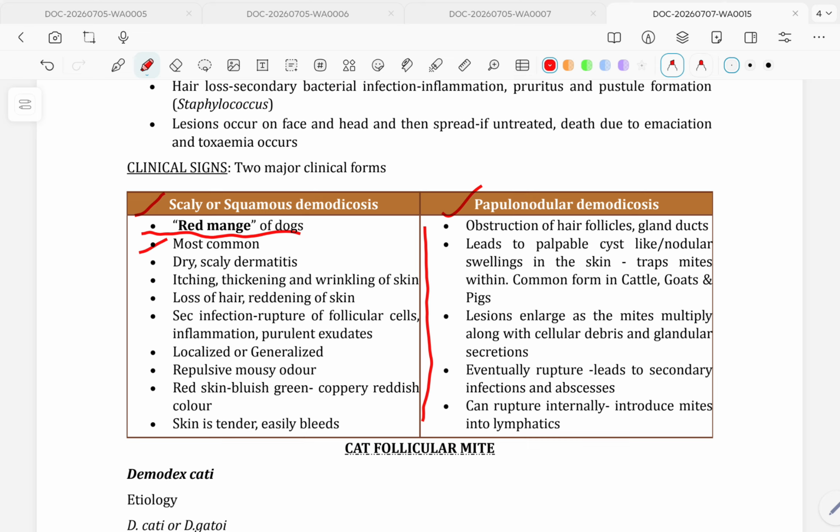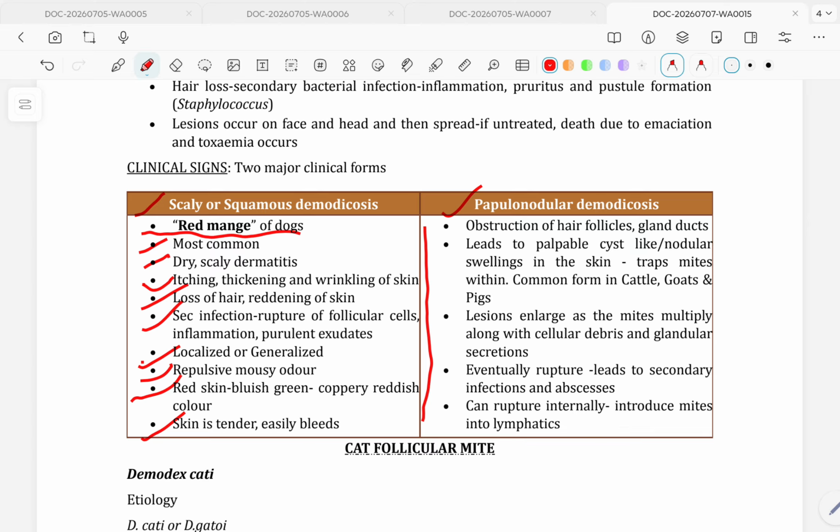Most common: dry scaly dermatitis, itching, thickening and wrinkling of skin, loss of hair, reddening of skin, sac infection, rupture of follicular cells, inflammation, purulent exudate, localized or generalized, repulsive mousy odor, red skin, bluish-green or coppery reddish color; skin is tender and easily bleeds.